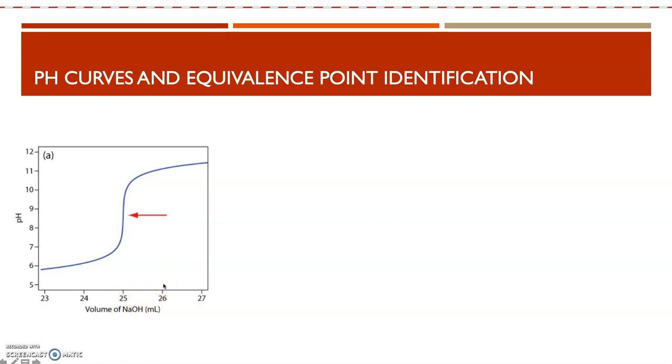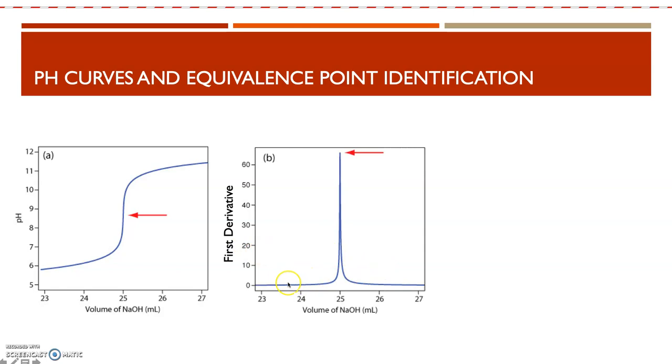And so if we apply a little mathematical manipulation, we can take the first derivative of this curve, and we'll see at that inflection point, because we have a concave to a convex, at that inflection point we will see a spike in the first derivative curve. So here the peak of the first derivative curve should show you what the equivalency volume is in that titration.